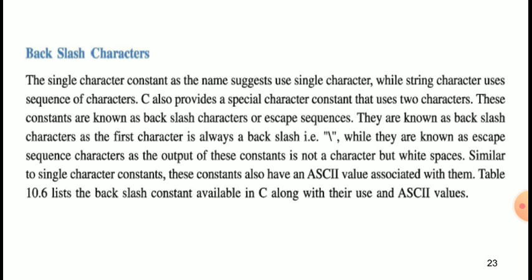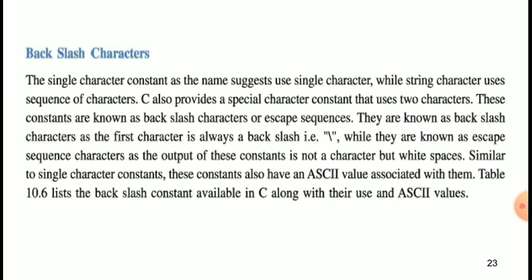Escape sequences are mostly used for formatting purposes. Example: backslash n is used for inserting a new line at the time of input or output. Similar to single character constants, these constants also have an ASCII value associated with them.